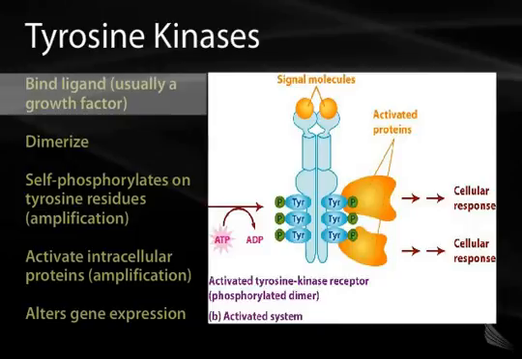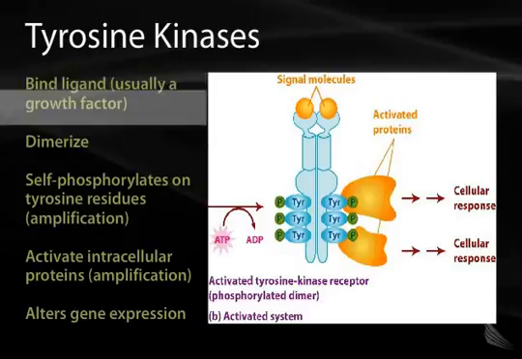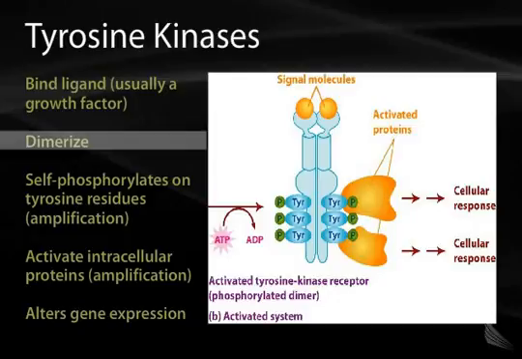When a tyrosine kinase receptor is bound to its ligand, and there's another similar receptor also bound to its ligand, these two receptors will dimerize.